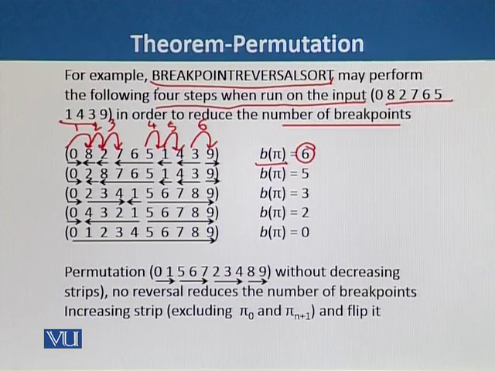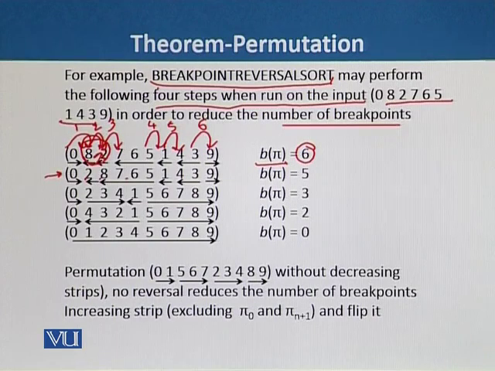So in the second step, we will reverse the order of the first breakpoint, 2 and 8. So 2 will be replaced with 8 and 8 will come in the position of 2. So we can see here 0 and 2 and 8, they have replaced the orders, 2 and 8, and the others are the same.